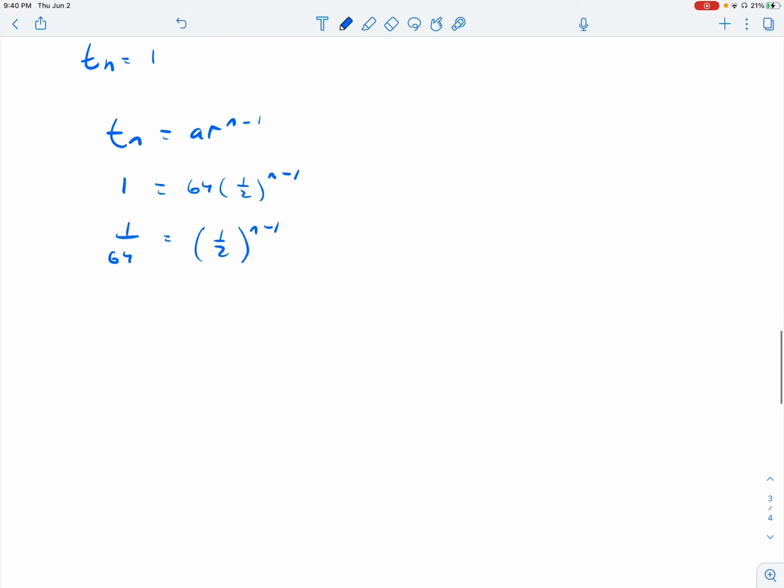We write 1 over 64 as a power of a half. So that would have to be 2 to the 6, I believe. Yeah, 1 over 2 to the 6. Then we'd have 1 over 2 to the n minus 1.